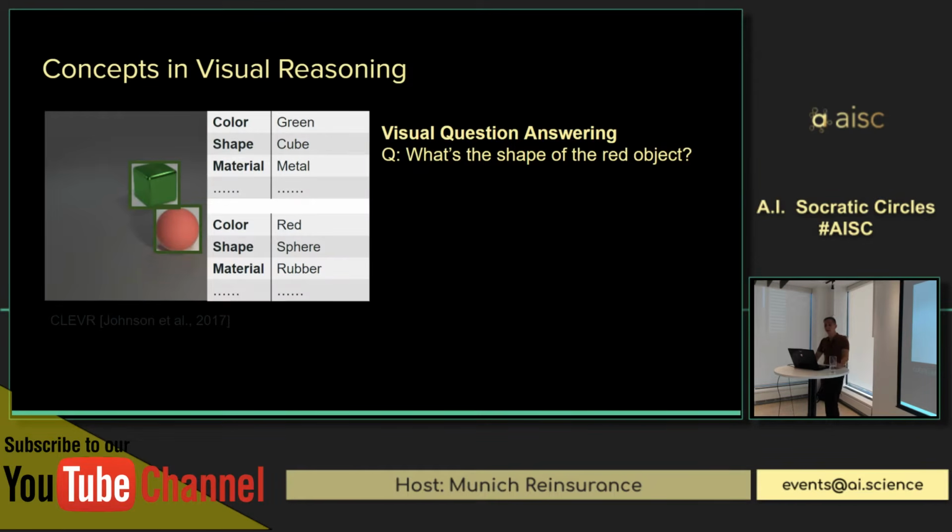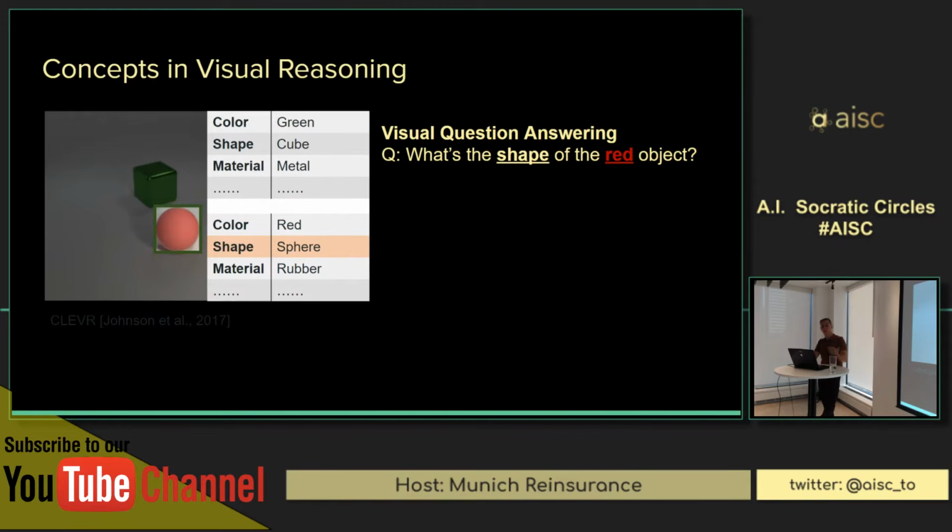The recognized visual concepts support our reasoning over the image. As an example, answering the simple question, what's the shape of the red object? It takes no time for a human, but that's basically the problem that the authors are trying to solve.